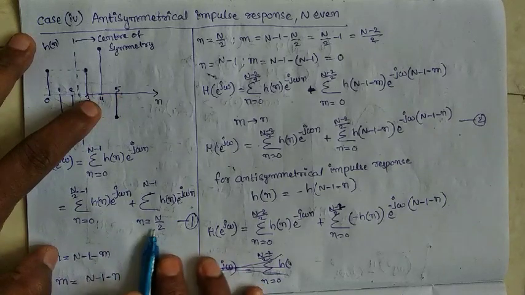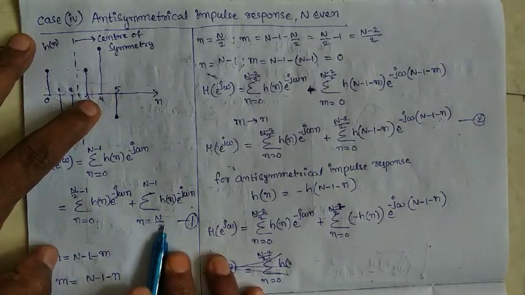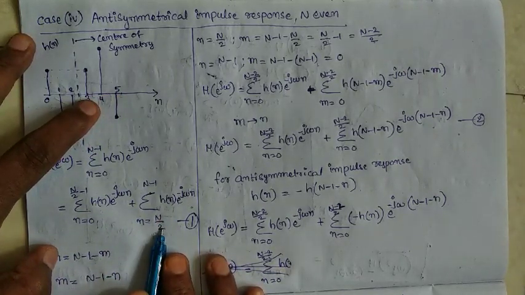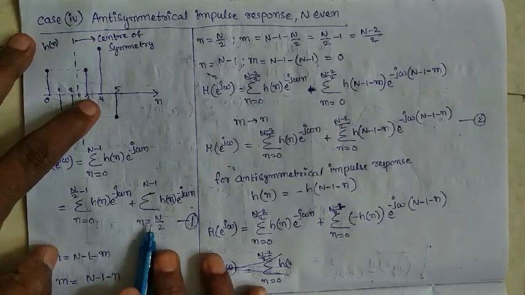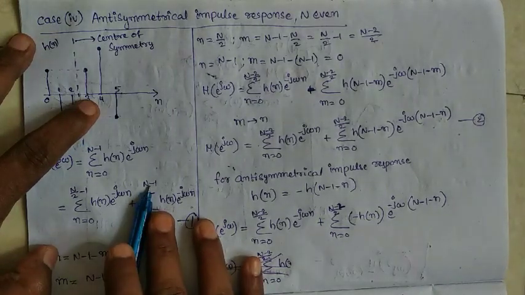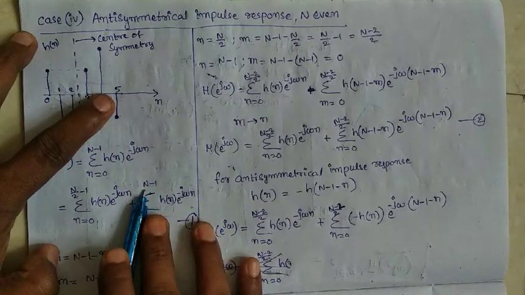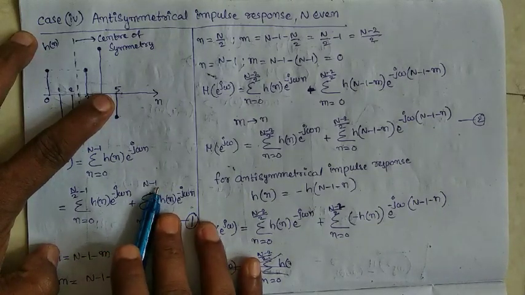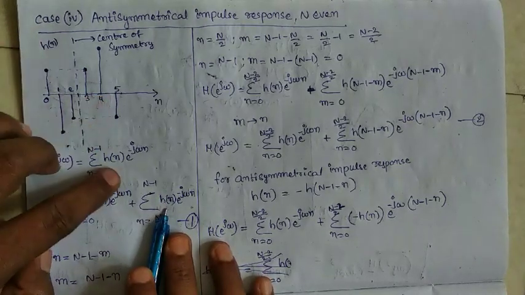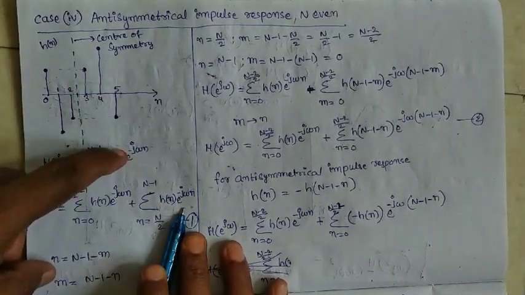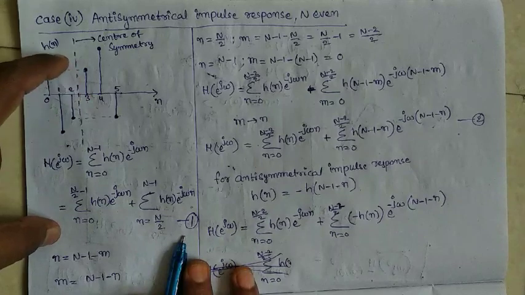Here 3 means 6 by 2, that is N by 2, and 5 means 6 minus 1, that is capital N minus 1. So n equal to N by 2 to capital N minus 1 of h of n into e power minus j omega n. I am taking this as equation 1.